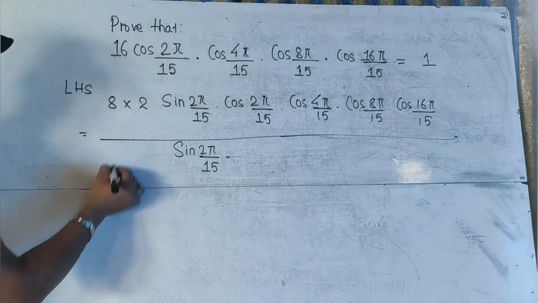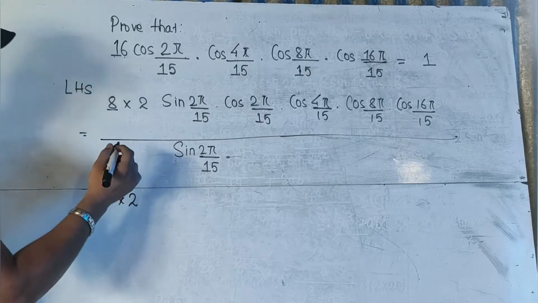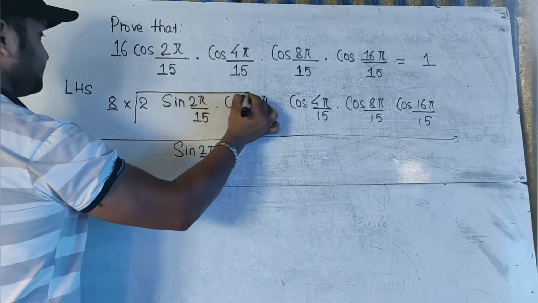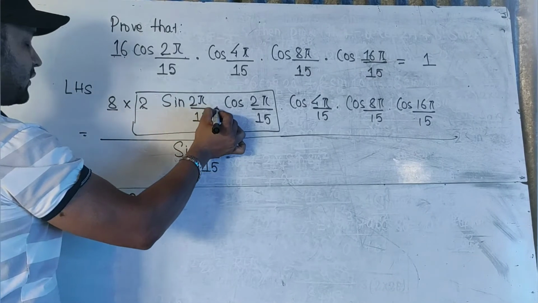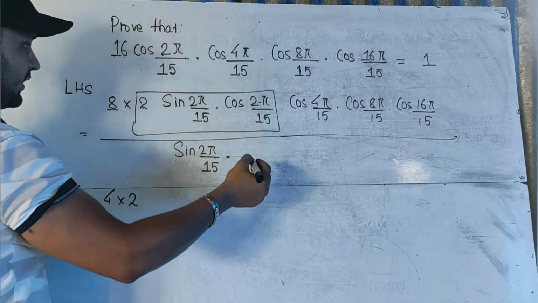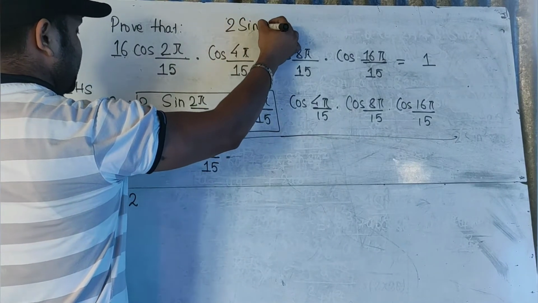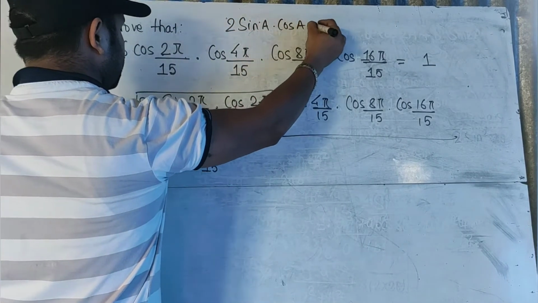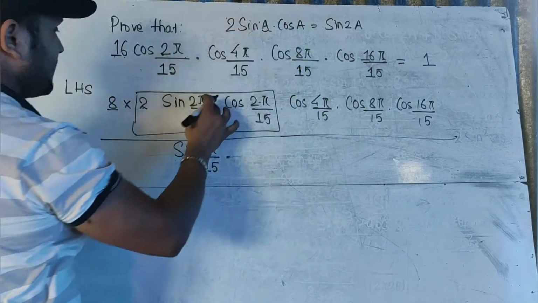Now see, we'll keep this, we'll again break this 8 into 4 into 2. Now look at this term here, this term that I have solved here. We have 2 sine 2 pi by 15 dot cos 2 pi by 15. It can be compared with the formula 2 sine A cos A. The formula 2 sine A cos A is sine 2A. So here in place of A you have 2 pi by 15.